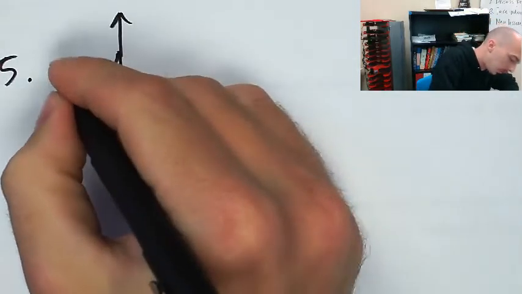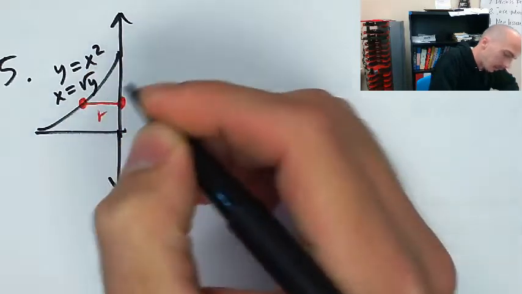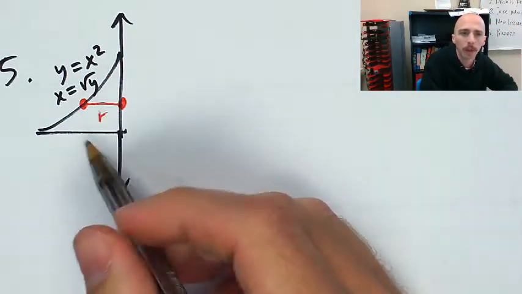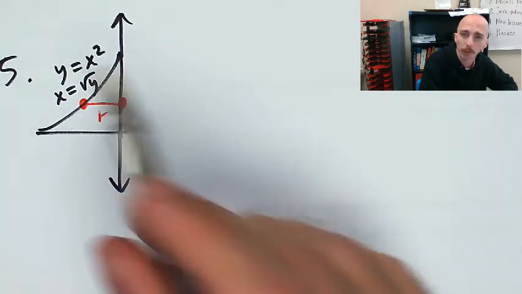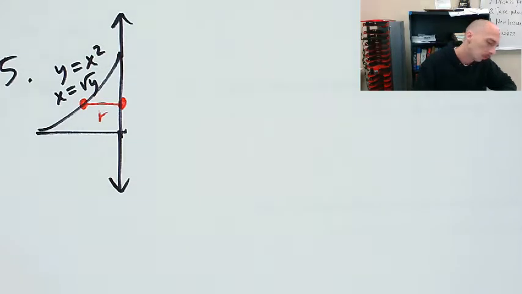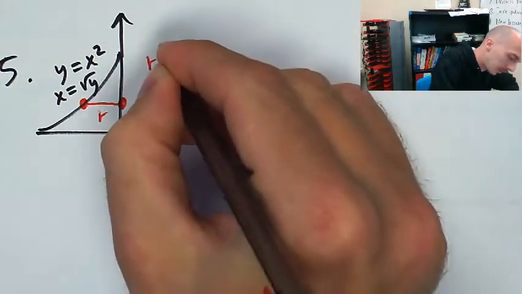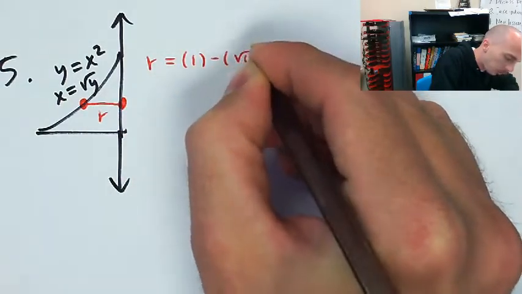Okay, if this is y equals x squared, then x equals the square root of y. X would really be plus or minus the square root of y, but we're over here where x is already positive, because the y-axis was right here. So it's going to be the positive square root of y. Okay, and then my radius, right minus left, is x equals 1 minus x equals the square root of y.